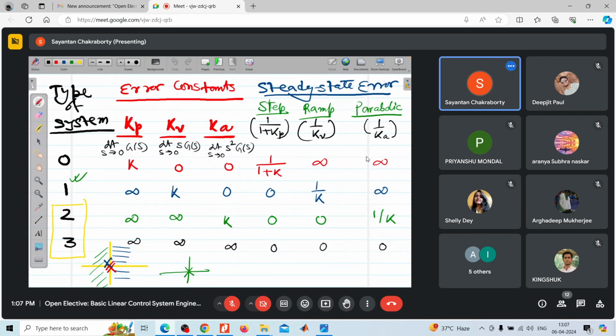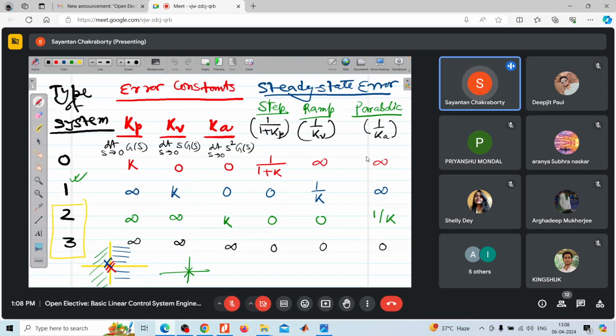Finally, whenever the steady state error is infinity, that means the error increases continuously with time, we simply say that the particular type of system cannot follow that particular input. Like type 0 cannot follow ramp or parabolic input, type 1 cannot follow parabolic input, but we cannot infer anything regarding the nature of the response. So that is a very direct limitation of this method. This method should only be used when the system can follow an input either with offset or without offset.